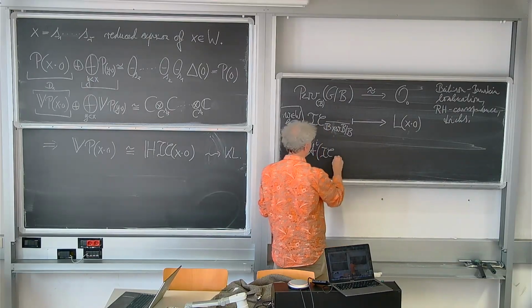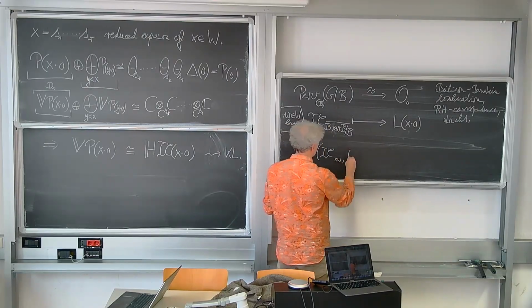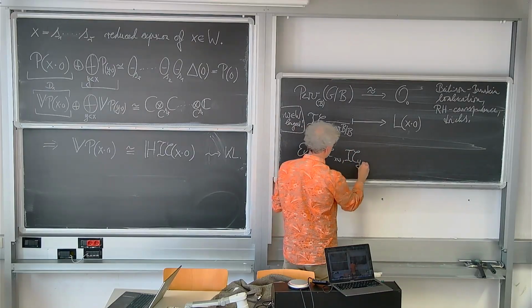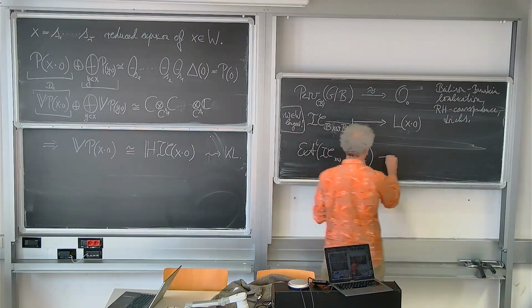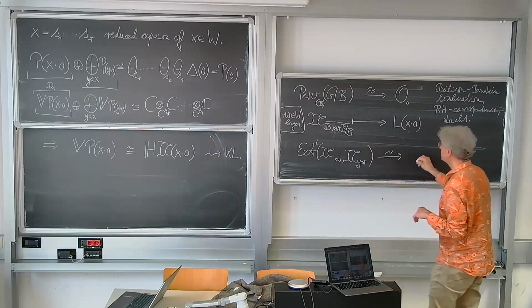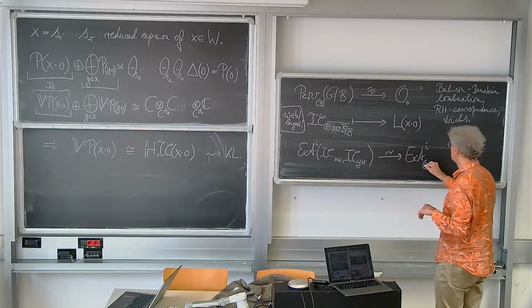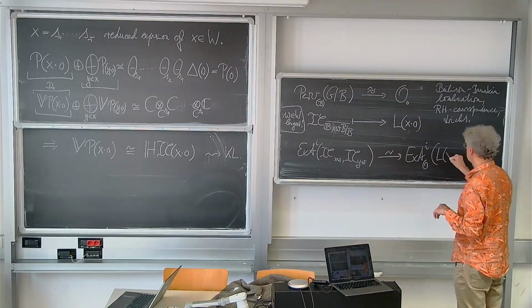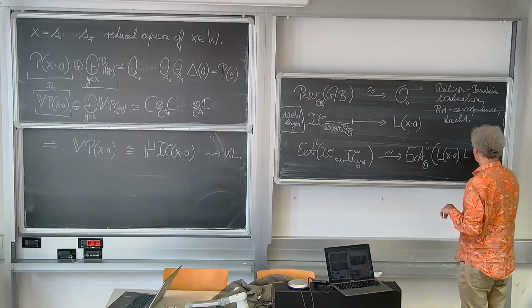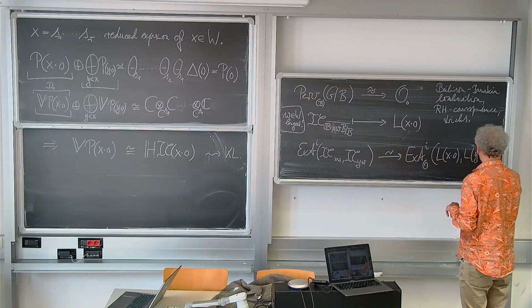So Ext of IC_w and IC_y will go bijectively also to the Ext in category O.